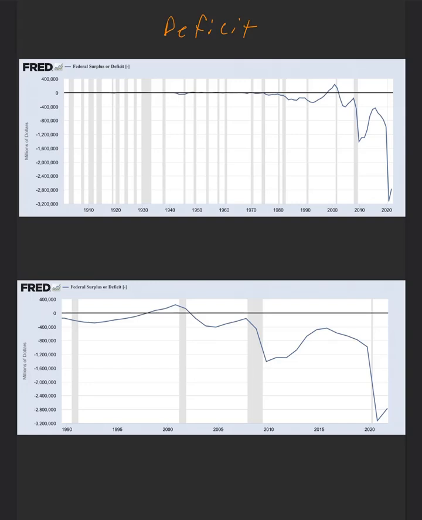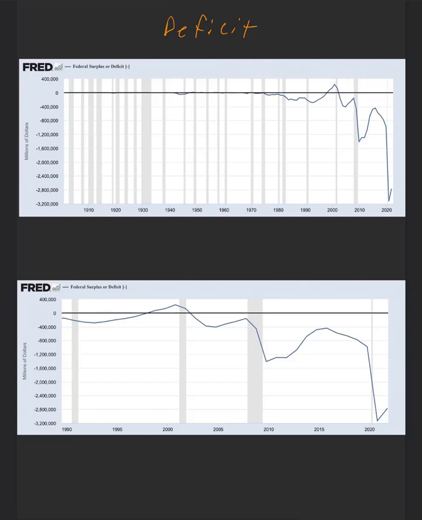Of course, here is the late 90s, 2000s surplus. That's the biggest surplus ever. And so that is sort of the time period transition from the Clinton administration into the Bush administration that we see. And then, of course, we have the .com recession.